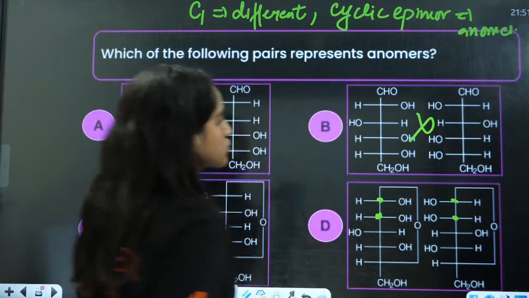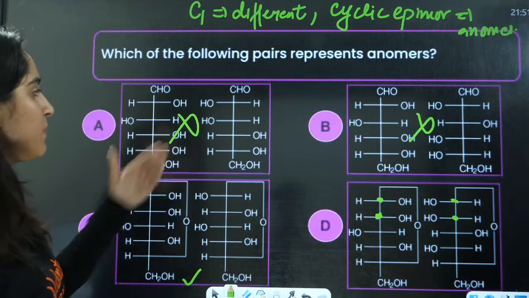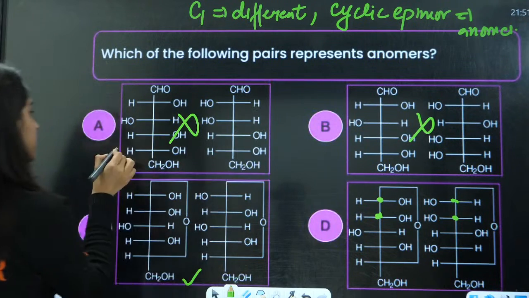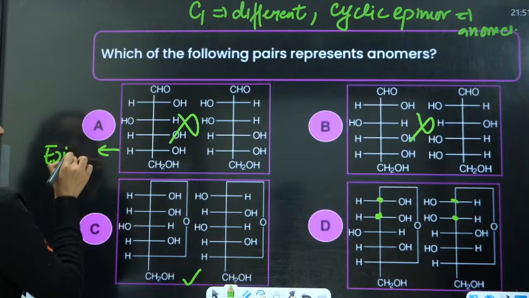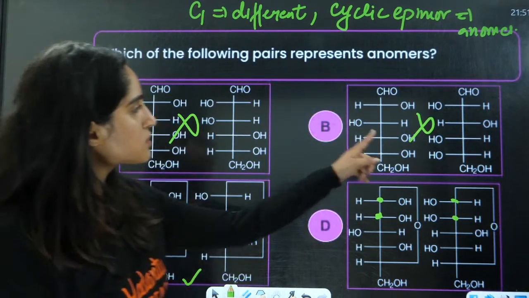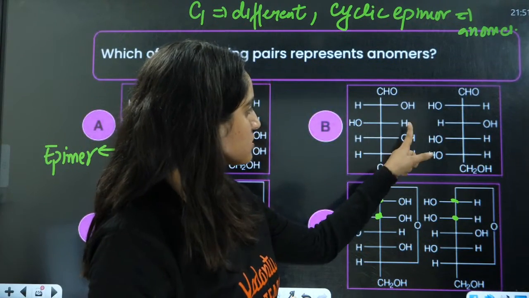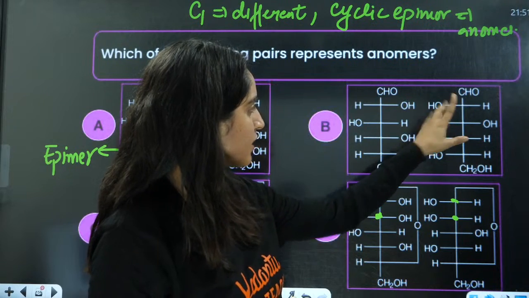So these are epimers, not anomers. This is H and this is OH, and this is OH and this is H.